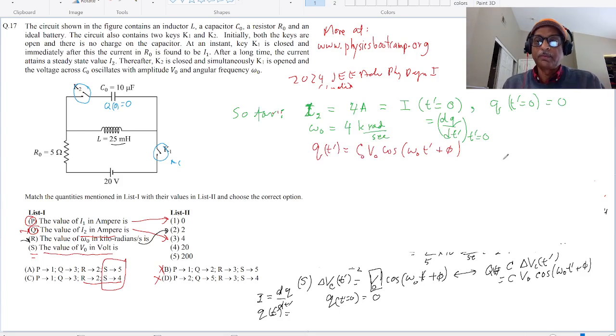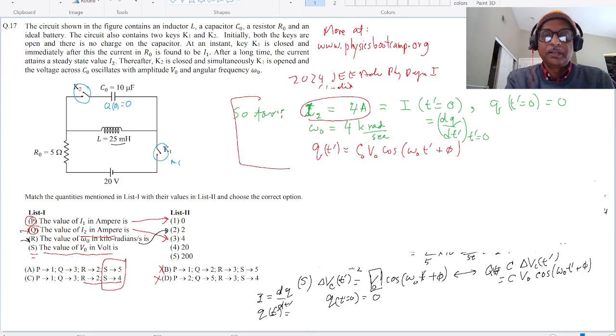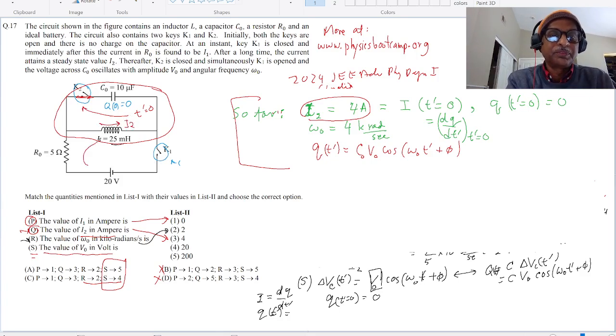Okay, so I summarized things so far, and this was the current that started this circuit, the circuit we're working with now, and the time t prime equal to 0 when this was closed, and at that time the current flowing there was I2 from this circuit, which now opened at t prime equal to 0.